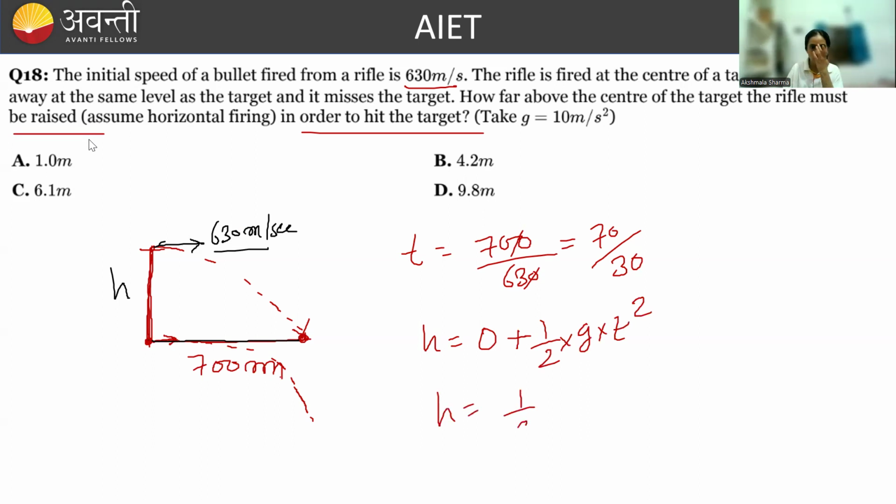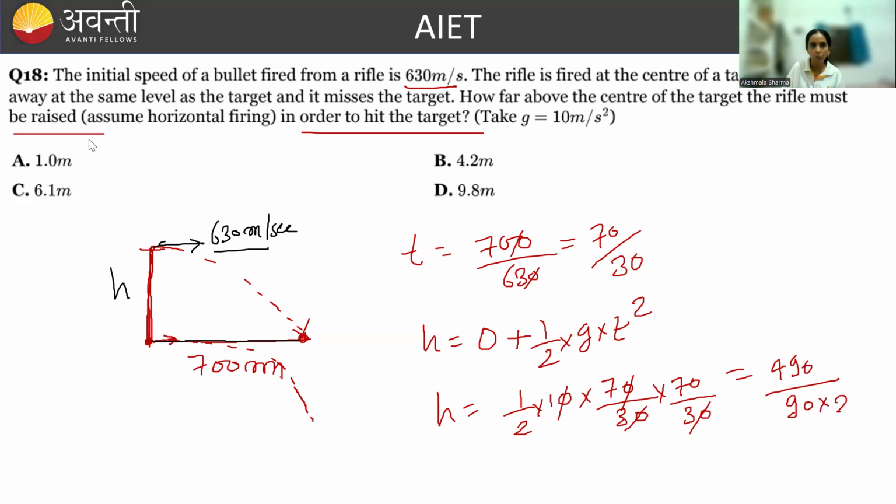So h equals half into 10 into t square, that is 70 by 30 whole square. So this is 490 by 90 into 2. If you solve this equation, you will get the answer. If I solve it for you, 49 by 18.